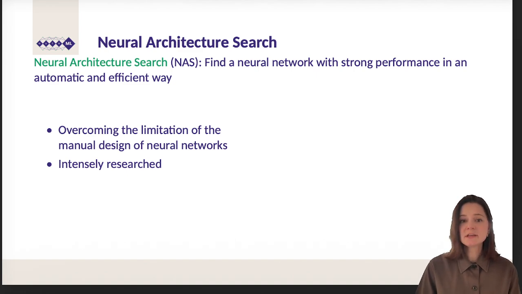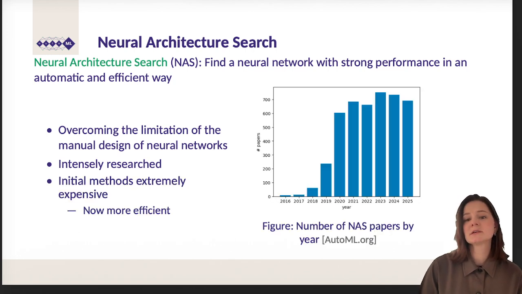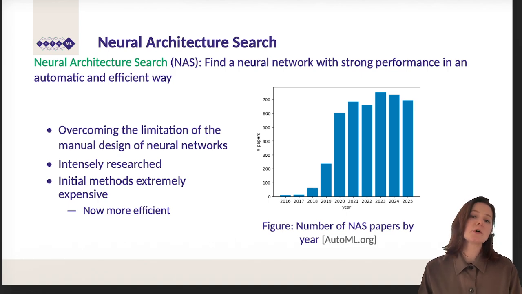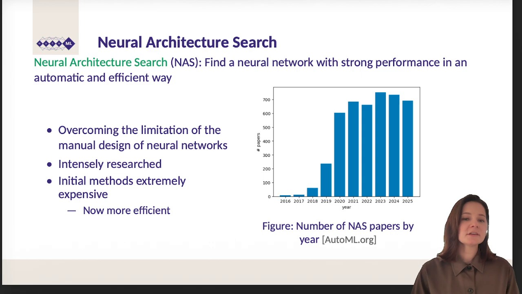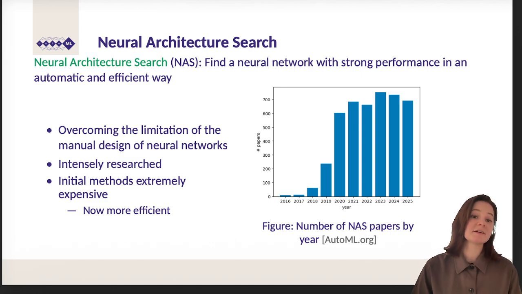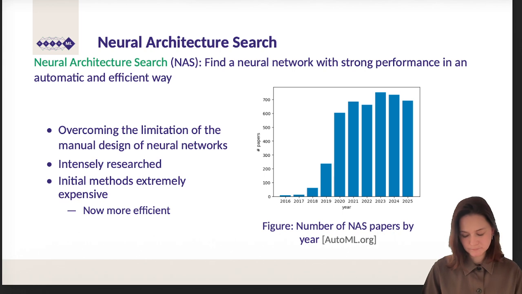It's also an intensely researched field, which we can see in this figure, where the number of papers increases over the years since this research field came out. However, initial methods are extremely expensive and are becoming more and more efficient in terms of needing less compute resources, as well as needing fewer evaluated neural networks.